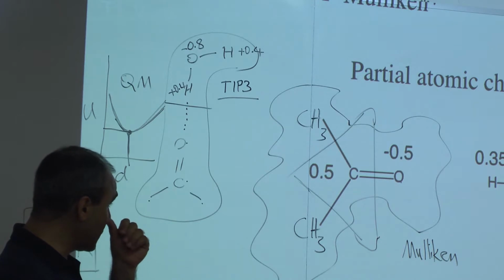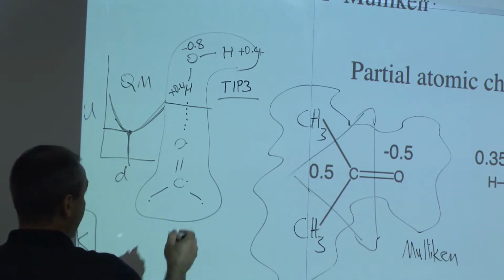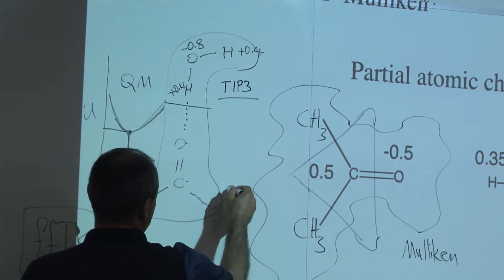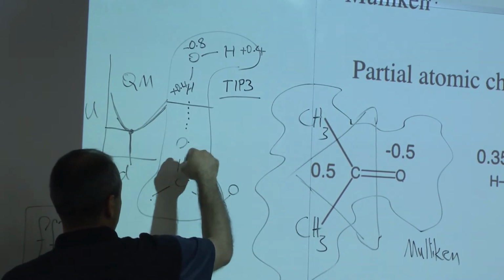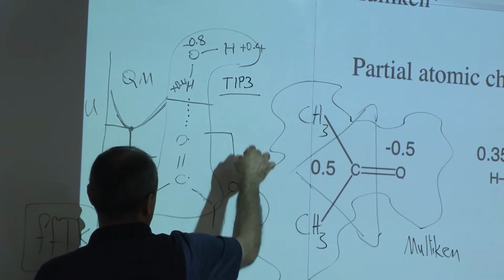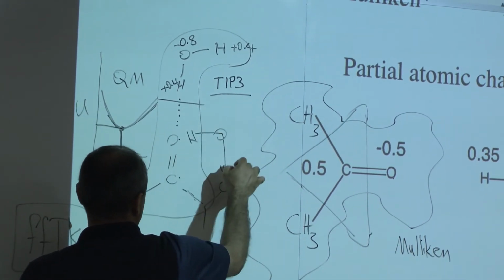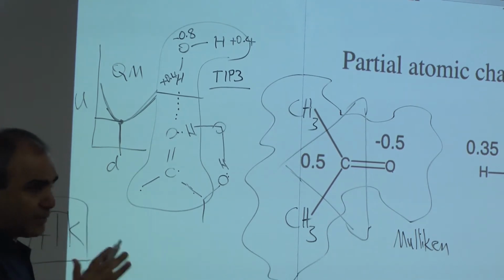There are cases in which there is no way we can do it this way. So let's say you might have another oxygen group here, and then you want to calculate the interaction of water at this site, but then the water ends up sitting between the two like this, forming two hydrogen bonds. How are you going to separate them? It becomes difficult.